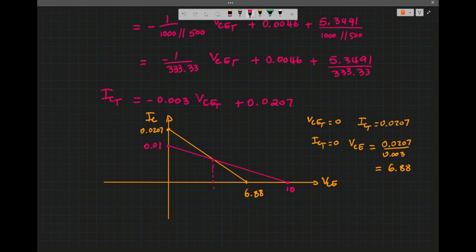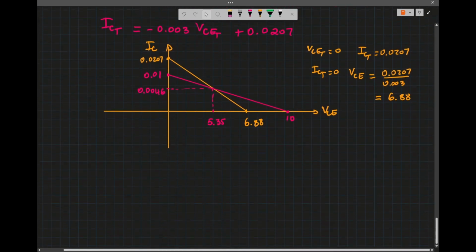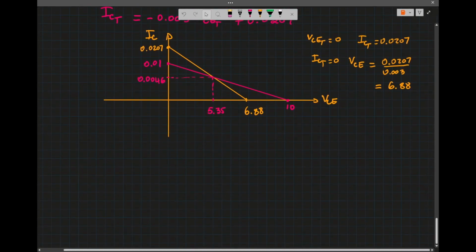So the key point is 5.35, and the current IC was equal to 0.0046, like 4.6 milliamp. So that is the AC and the DC load lines plotted together.